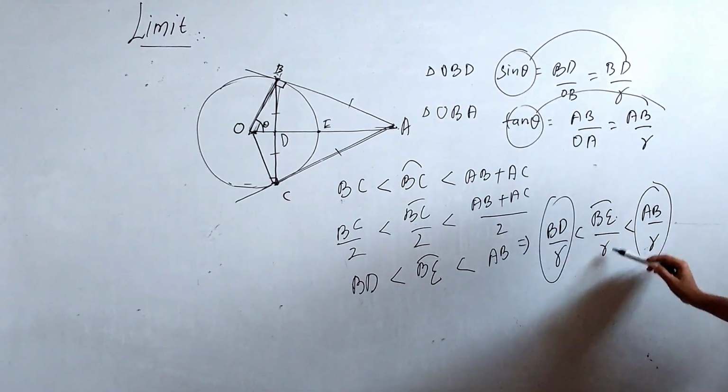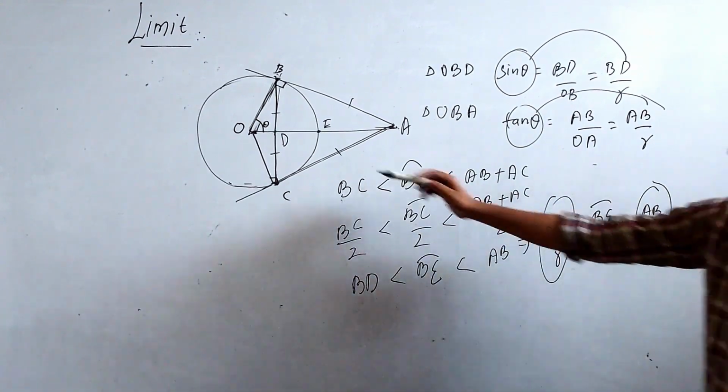And the length of arc divided by radius is called the angle, which is theta.